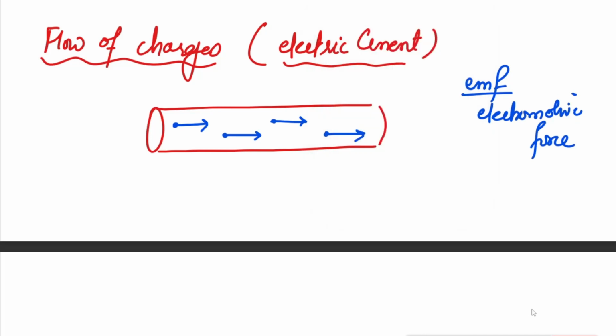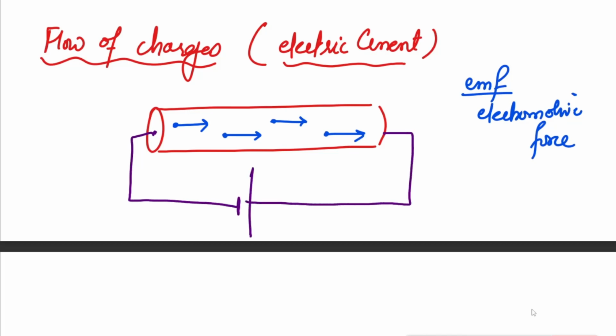Previously, if the conductor is just randomly placed at any place where there is no battery in it, the electrons would be moving randomly throughout the structure like any other particle. But when you provide it with a certain battery, or a certain voltage, they will start moving in a certain direction.